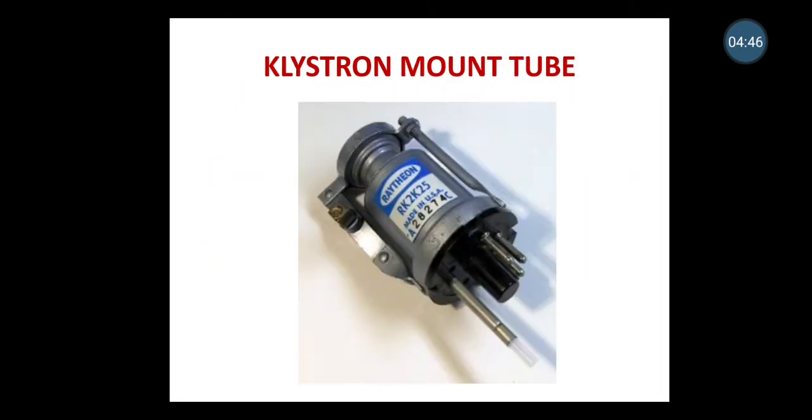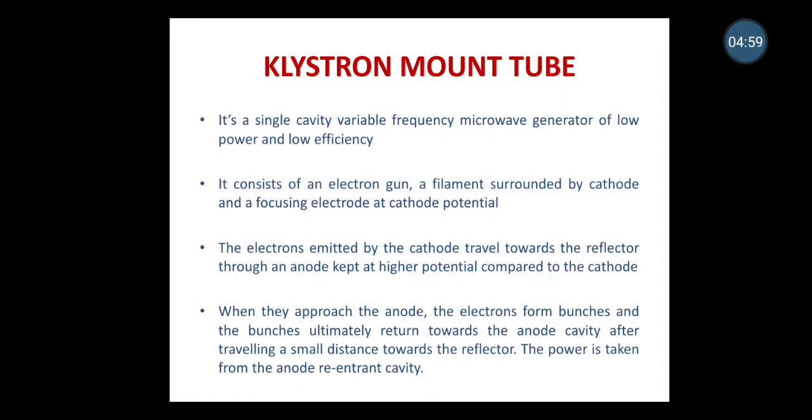The second part will be the klystron mount tube. This is actually working on the principle of reflex klystron, where you will have an electron gun, a filament surrounded by a cathode, and a focusing electrode at cathode potential. The electrons emitted by the cathode will travel towards the anode or reflector.